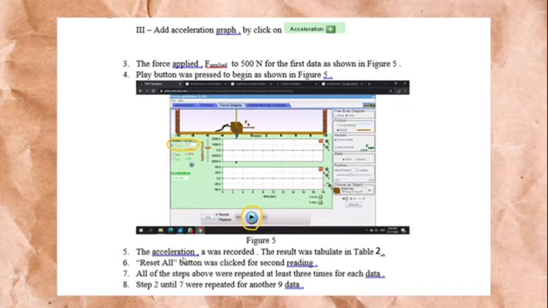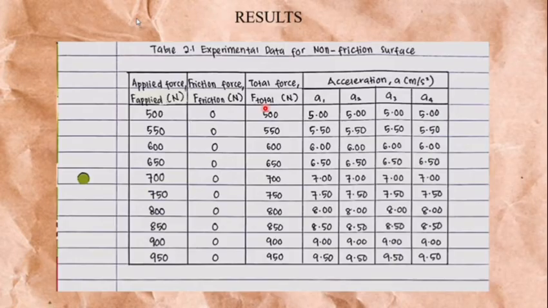The acceleration, a, was recorded and the result was tabulated in Table 2. After this is done, the reset all button was clicked for the second reading. All of the steps above were repeated at least 3 times for each data. Step 2 until step 7 were repeated for another 9 data.